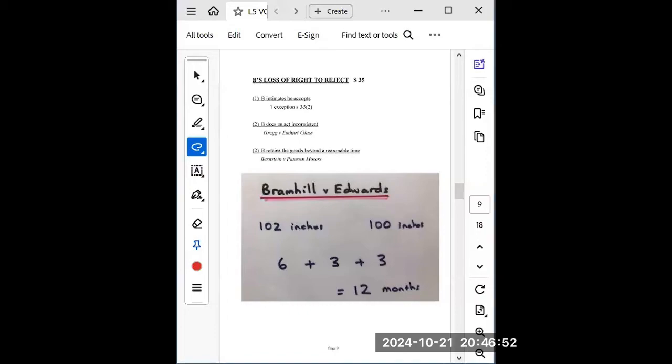So he didn't drive it until he was better 3 weeks later, and he broke down almost straight away. The court said, yes, the car was not of satisfactory quality, but Mr. Bernstein could not reject the car. He had the car beyond a reasonable time in which to examine. He had lost his right to reject under Section 35.